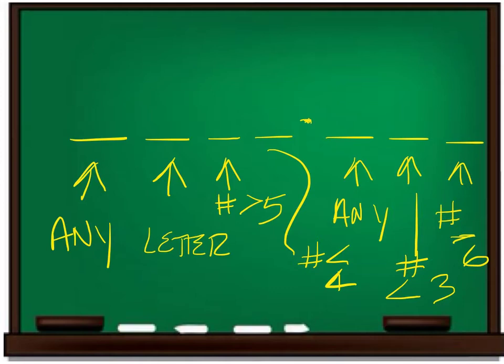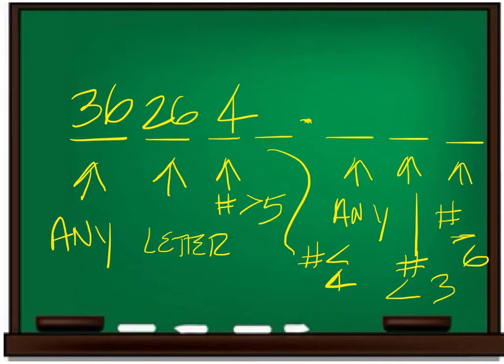If I have any option available to me in the first spot, how many choices are there? 36. And if the next one has to be a letter, how many? 26. And if it's a number greater than 5, how many choices? We have 6, 7, 8, and 9, so that would be 4.